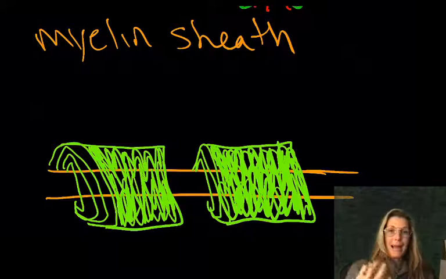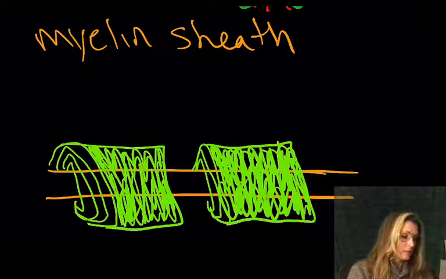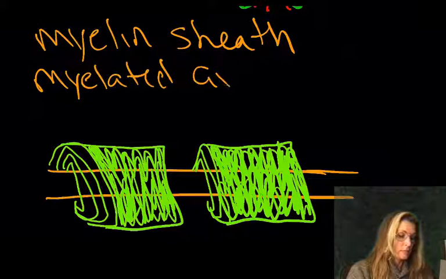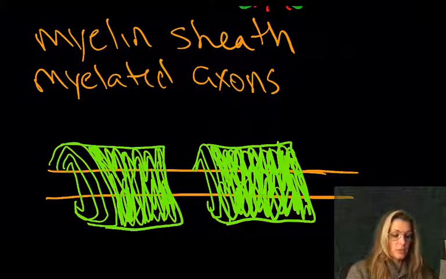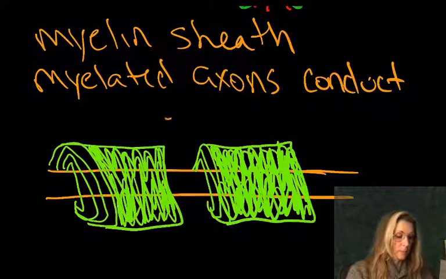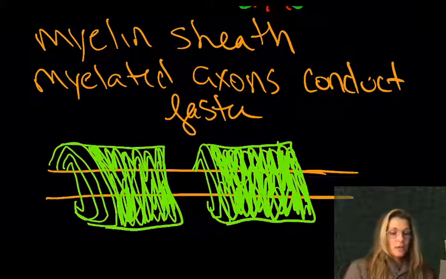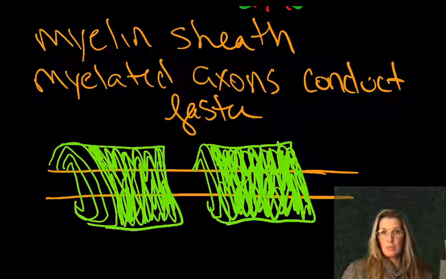Okay, myelinated axons conduct impulses faster. Okay, and so, I mean, this hopefully makes sense.